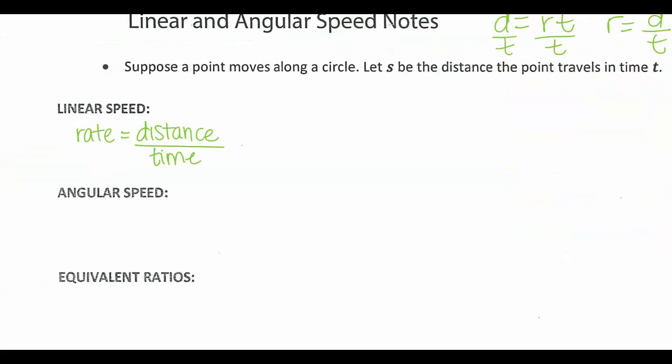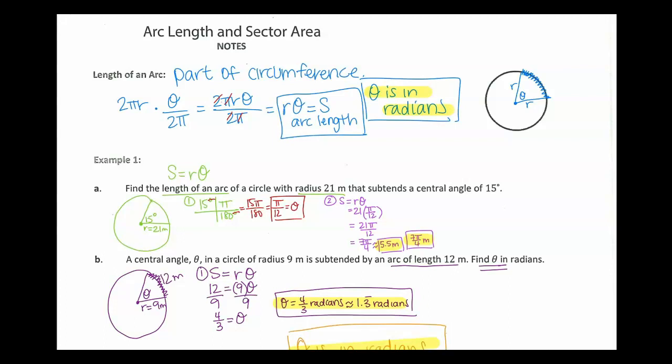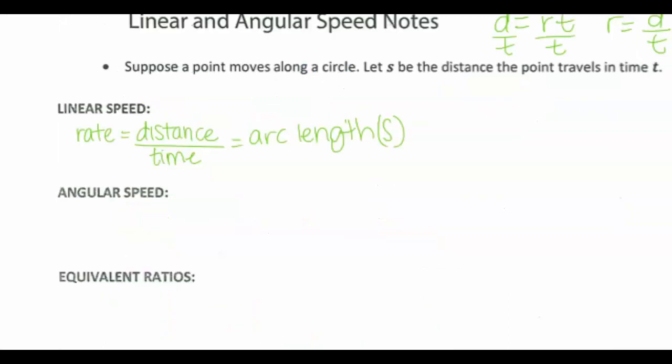So on this part here, where I have the distance, I'm going to put the actual arc length, which in this case is S. And that's what we labeled it as on this page as well. S equals theta times R. And I'm going to do that on this page as well after I rewrite this with green pen.